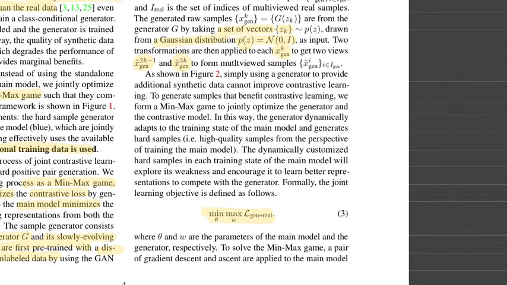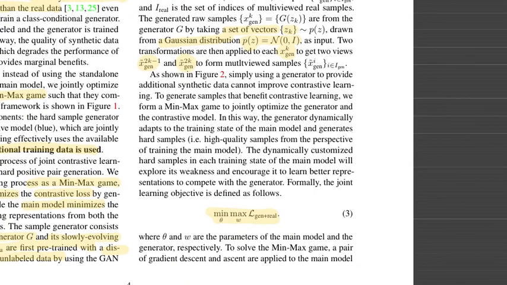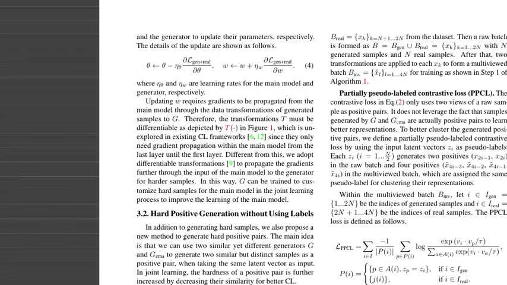As I showed before, it is clear that a min-max game or an alternating optimization system is required to jointly optimize the generator and the contrastive model, and simply using a generator to provide additional synthetic data is not helpful. Now consider that theta is the set of parameters of the main model and omega is for the generator. One critical detail is this: updating omega requires gradients to be propagated through the generator as well.